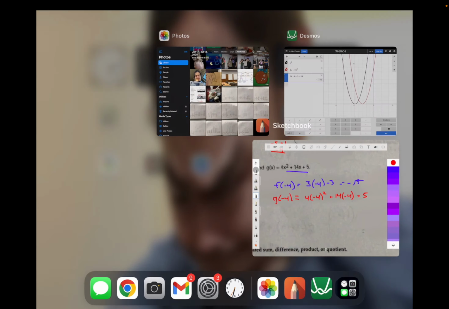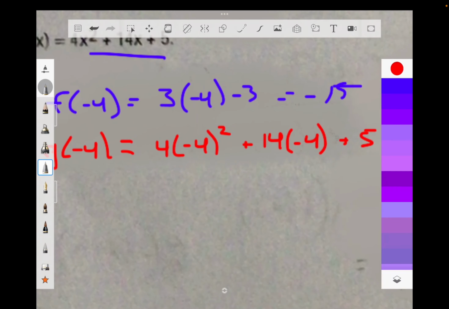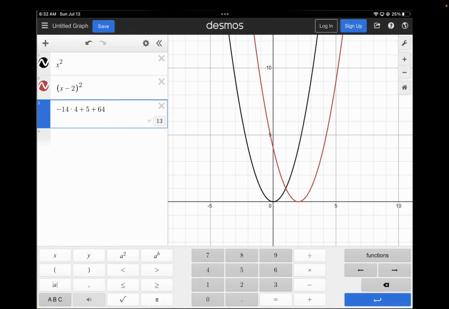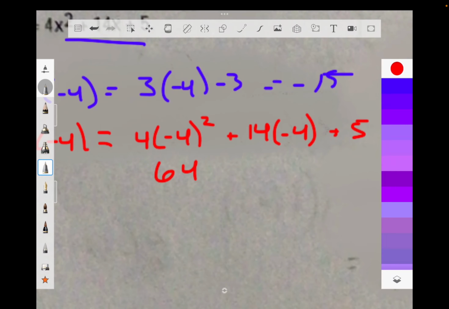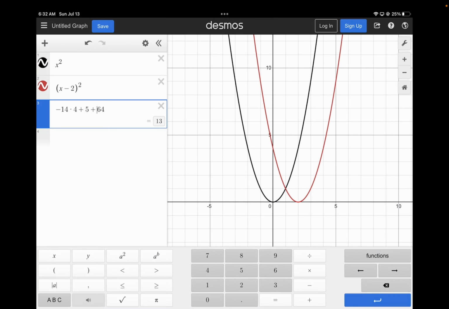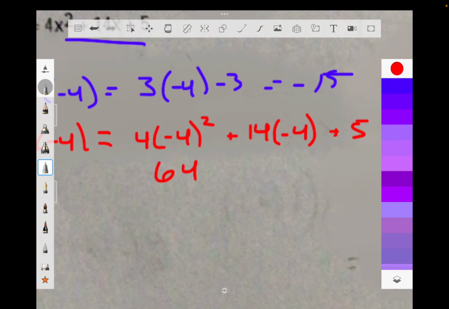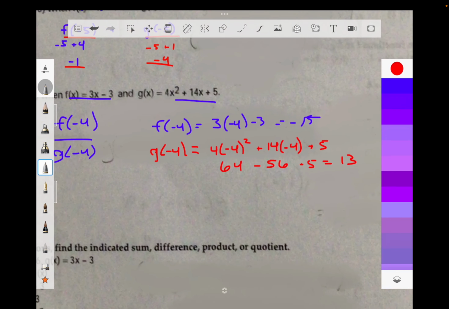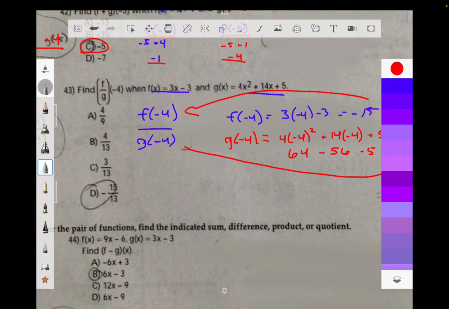That's 64, then minus 56, plus 5, which equals 13. Then we plug f of -4 and g of -4 back in, so you get -15 over 13, which is this answer.